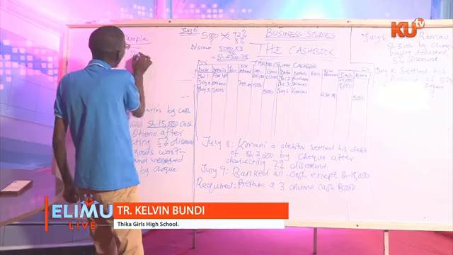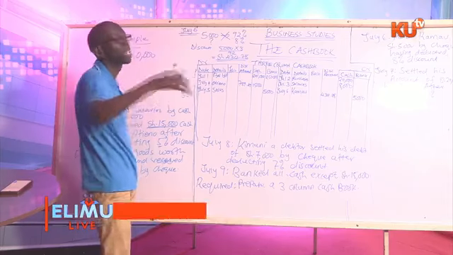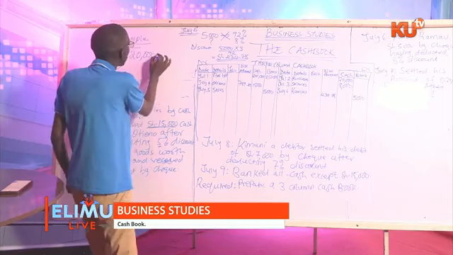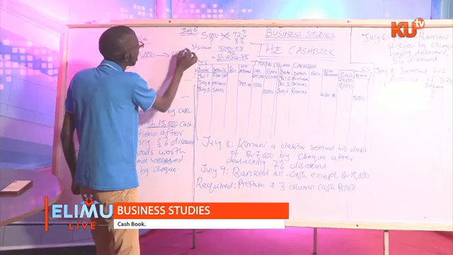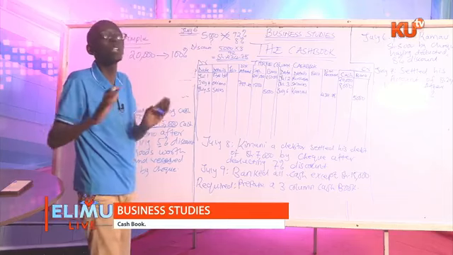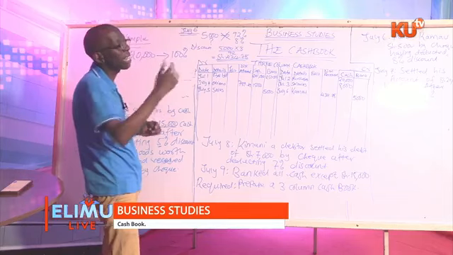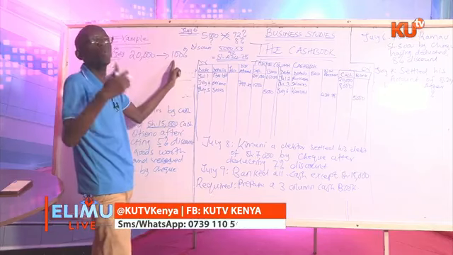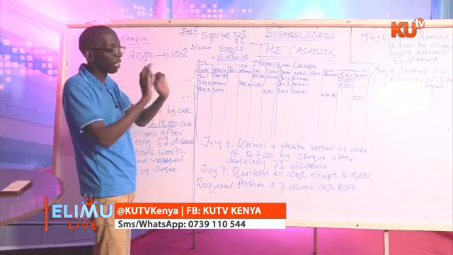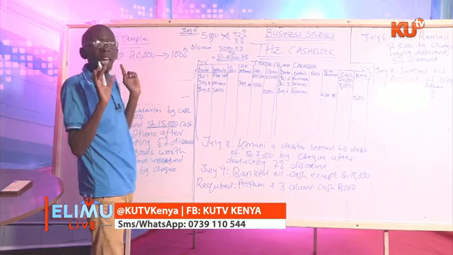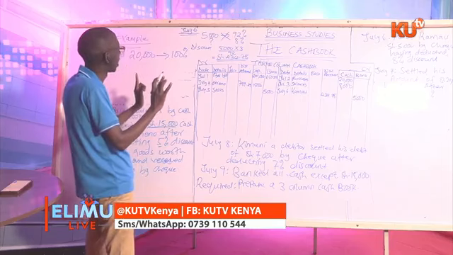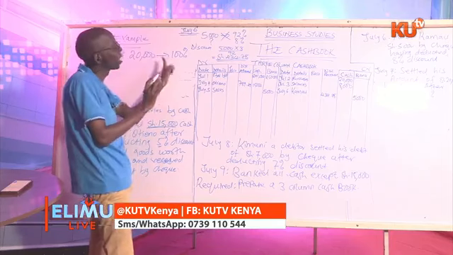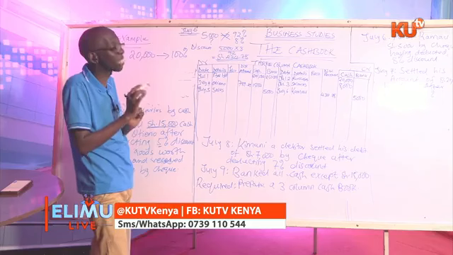So 20,000 was the debt that he was having, which means 20,000 is 100%. That is what he was supposed to pay. Discount has not been deducted. So 20,000 is equivalent to 100%.